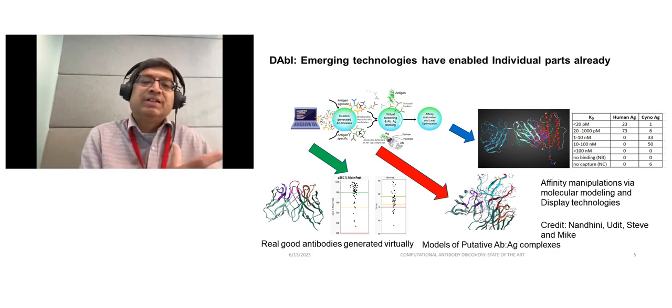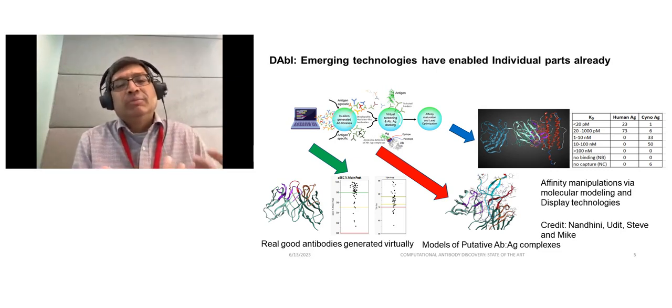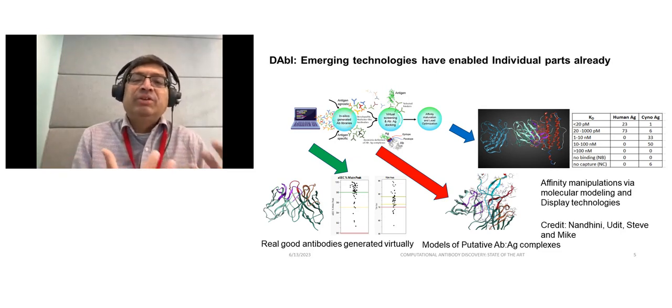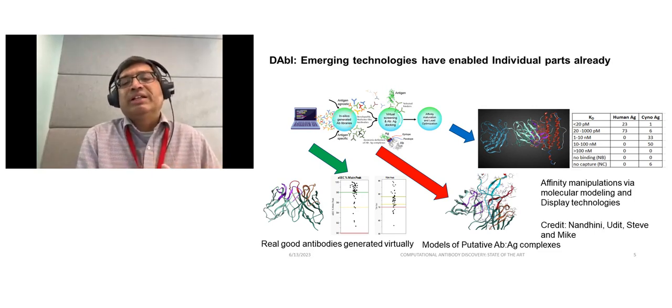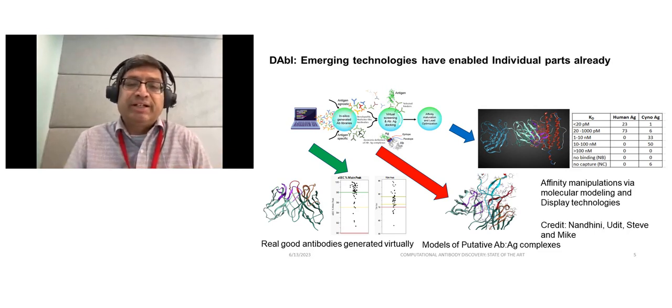The question is, can we really make it unified, and can we make it more algorithmic so that this process can be more and more automated? And we reach the stage where experiments are done not for trial and error, but rather to confirm that we are on the right track.